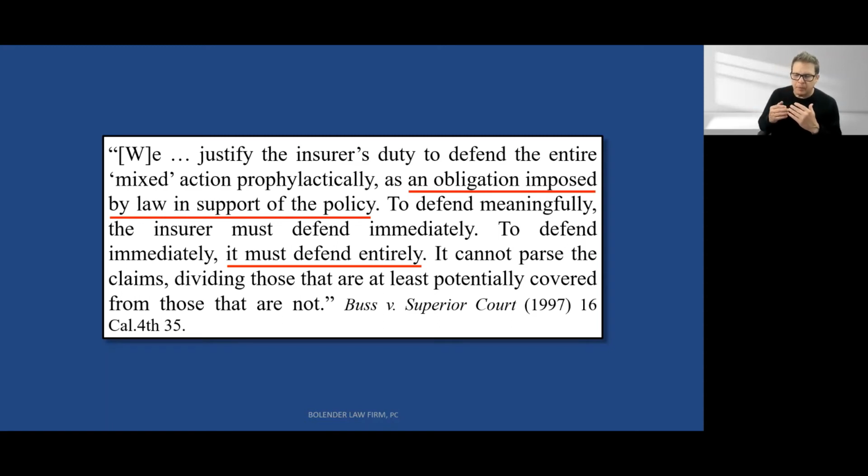Now, under the Buss case, the insurance company also has the right, after the lawsuit is over, to seek reimbursement from Rachel for any attorney fees and litigation expenses that were incurred solely to defend the 3 non-covered claims.